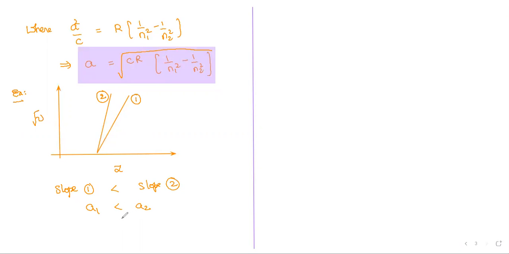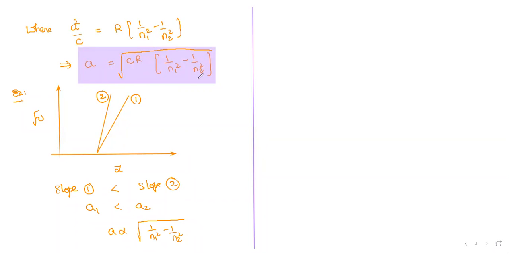Here a1 is less than a2 means the a value depends upon 1 by n1 square minus 1 by n2 square, where a is directly proportional to root of 1 by n1 square minus 1 by n2 square. Suppose they ask which is the alpha line and which is the beta line in the K series.